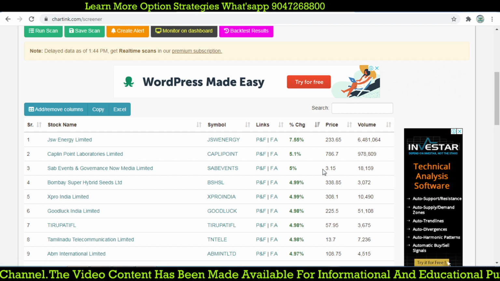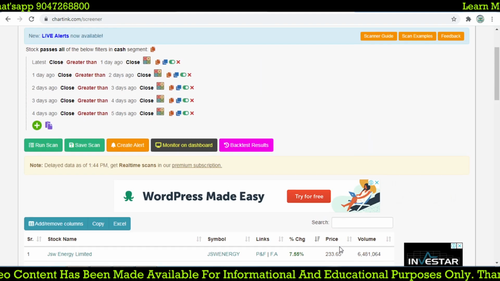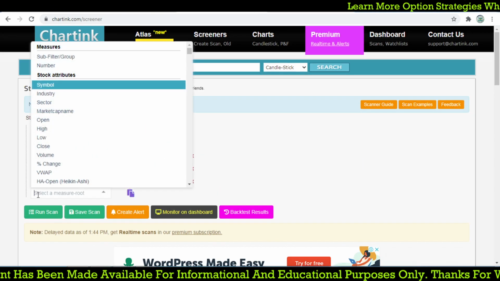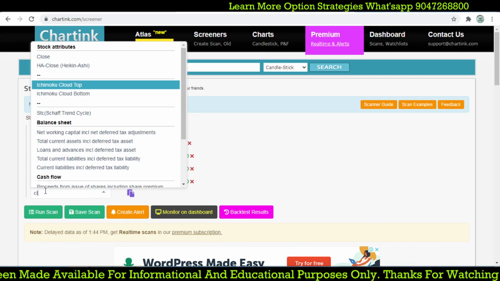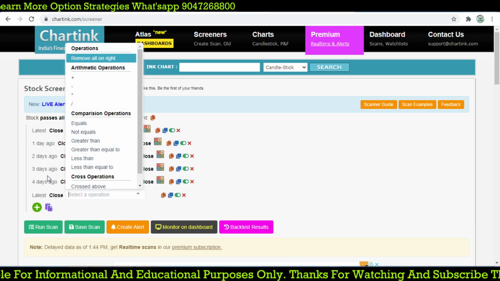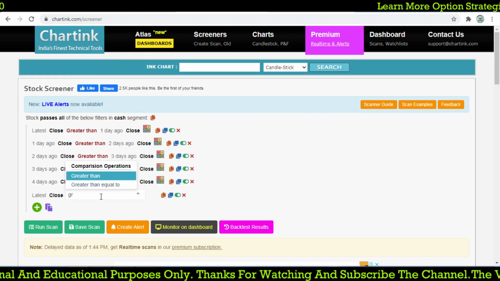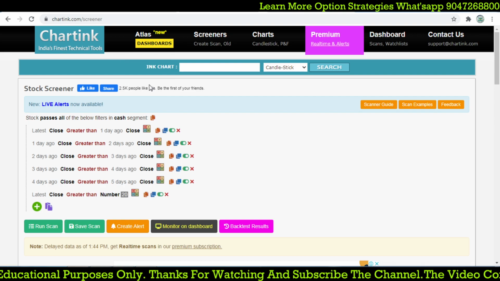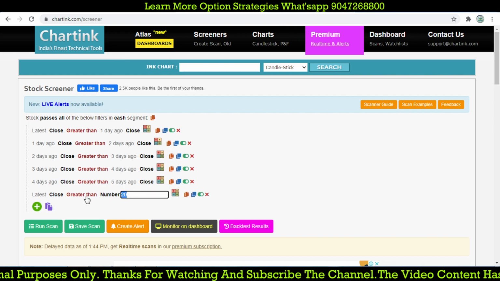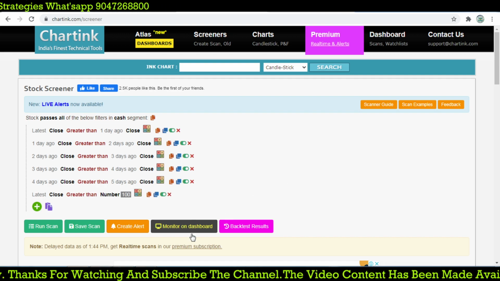Some stocks are trading at 3 rupees, 20 rupees, 13 rupees. To avoid that kind of stock, we can filter on the close price: the latest close greater than 100 rupees.